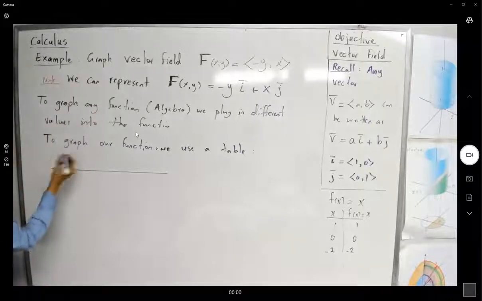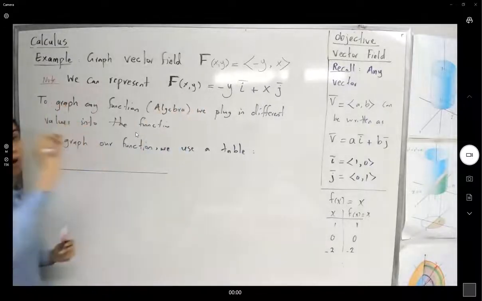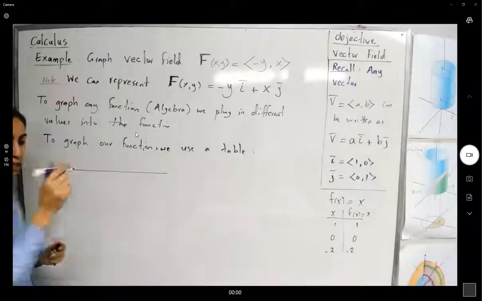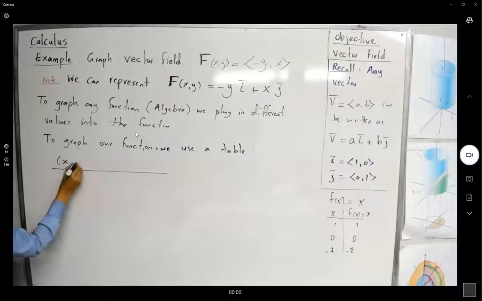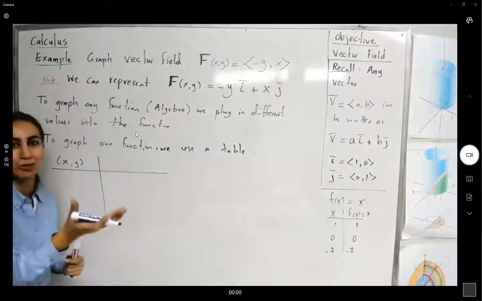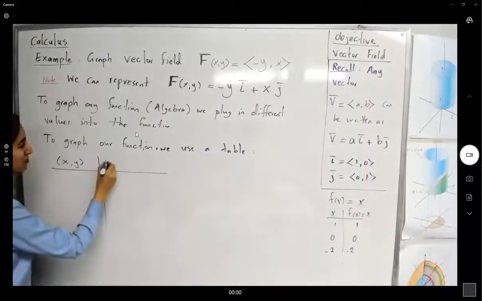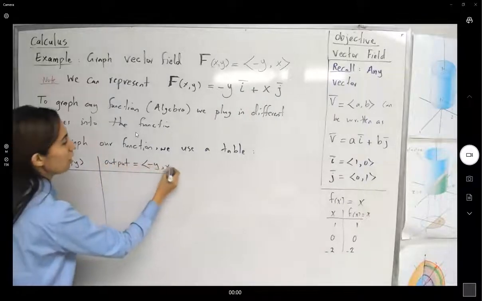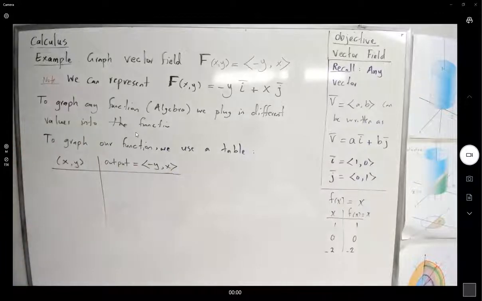So remember that your x and y are changing. It means that you have to plug in different values for x and y. So x, comma, y. Then the value for your function, the output value, is a vector. The output is negative y, comma, x. So let's plug in different values for our x and y. The very first one that I want to plug in is 1 and 0.